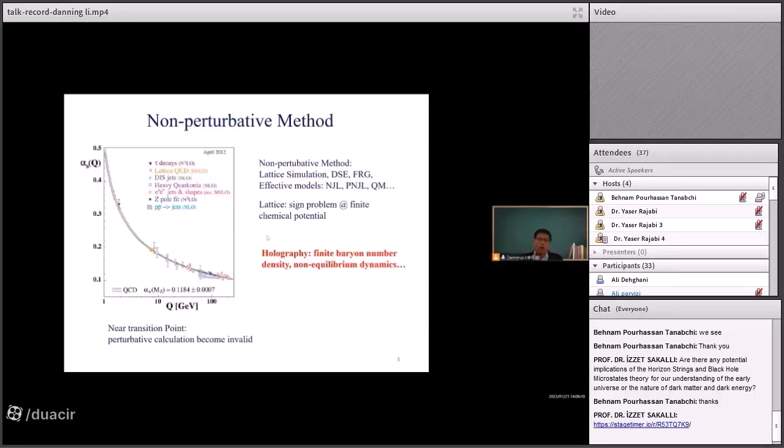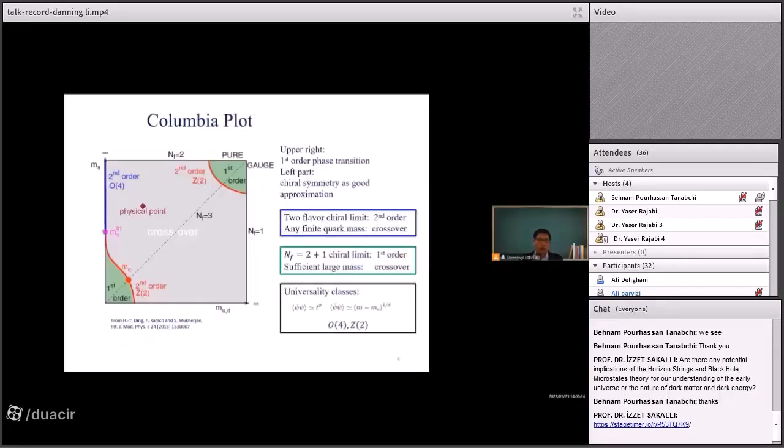Among them, the holographic method is easier to extend to the finite baryon number density case and non-equilibrium cases. So I will focus on the holographic study of the chiral phase transition. Before we construct the holographic model, I will briefly recall some physics needed to construct it.